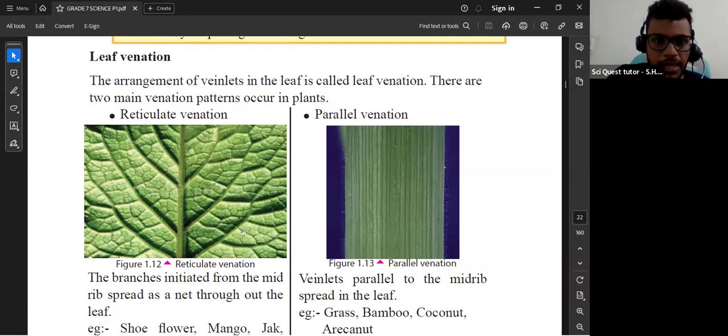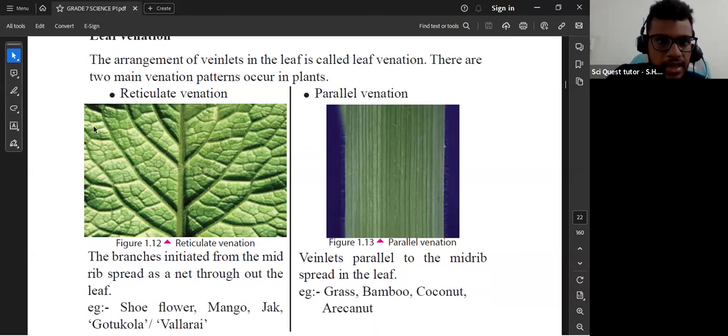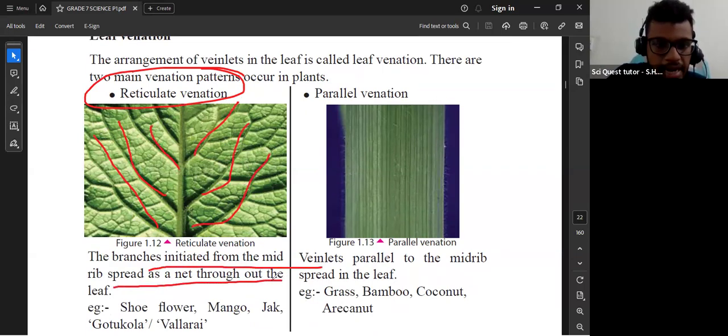Now let's look at the first picture. You can clearly see the reticulate venation. This is how the veins are separated or branched. You can see here the branches initiated from the midrib spread as a net through the leaf. So this is the midrib of the leaf.